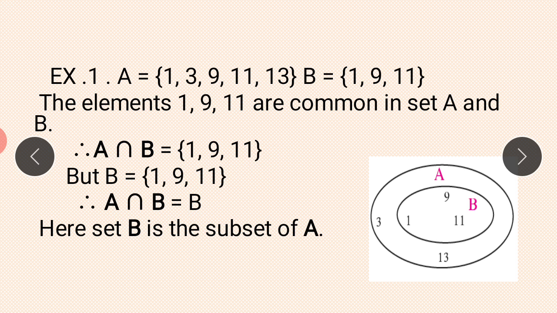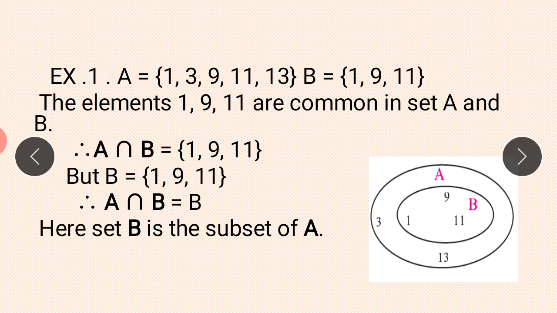But set B is also having the same numbers, curly bracket 1, 9, 11. Therefore, A intersection B is equal to set B. Means here the set B is the subset of set A. See here the Venn diagram also.